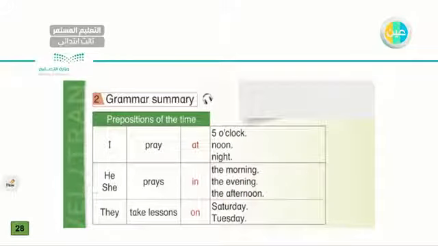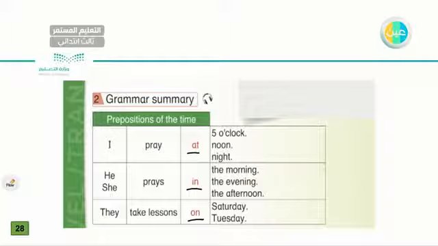Here I have the grammar that we learned today. The prepositions of time. I have 3 prepositions of time: at, in, and on. They are very important. Let's read. I pray at 5 o'clock, at noon, at night. Very good.